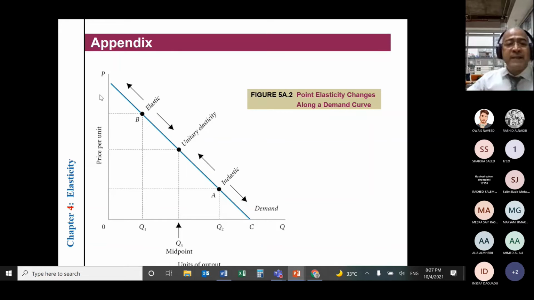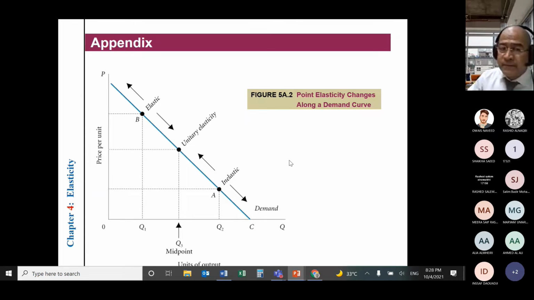So what we can conclude is that as the price decreases, the quantity demanded will increase, but the elasticity will decrease, from 10, 4.5, 1, 0.3, 0.2. So the elasticity tends to decrease as the price decreases.